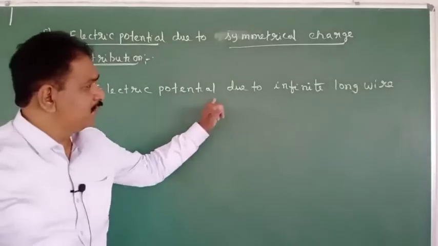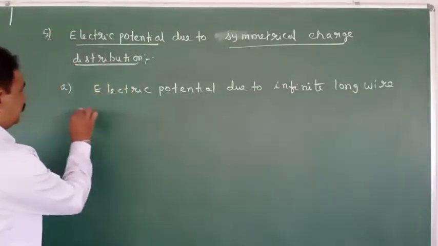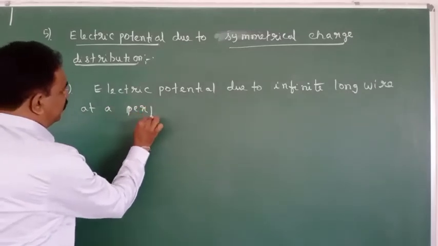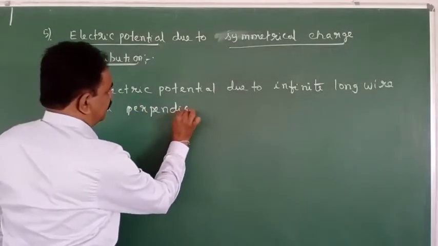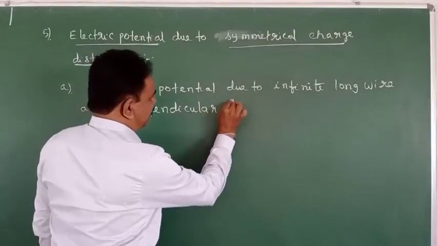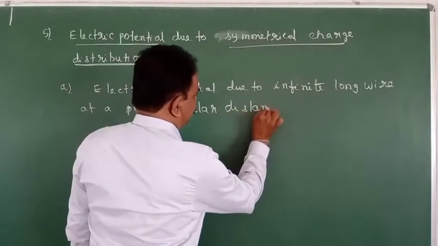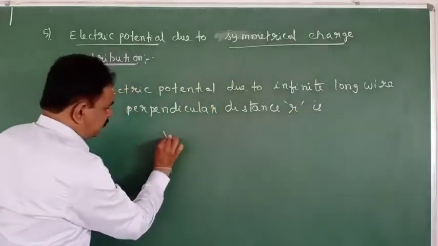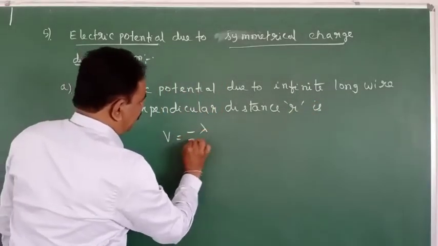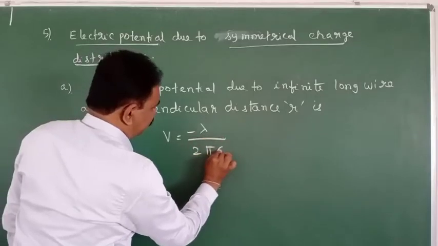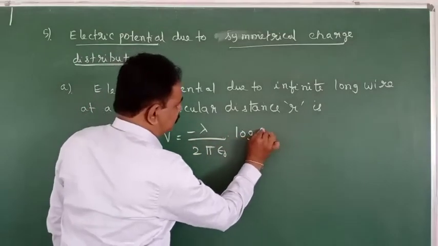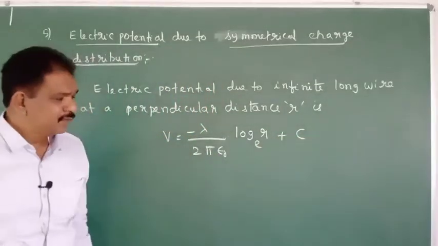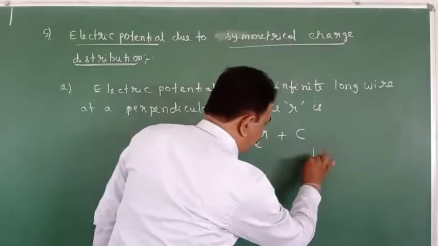Electric potential due to an infinite long wire at a perpendicular distance R is V is equal to minus lambda by 2 pi epsilon naught log R base e plus C. There is an infinite long wire like this.